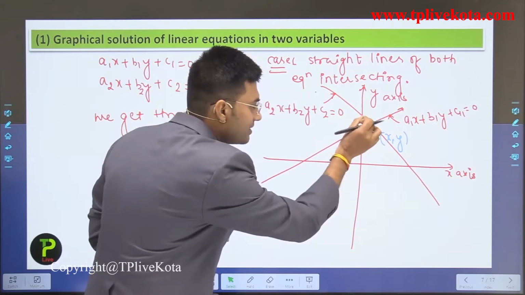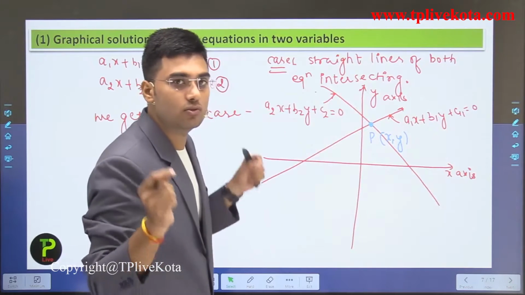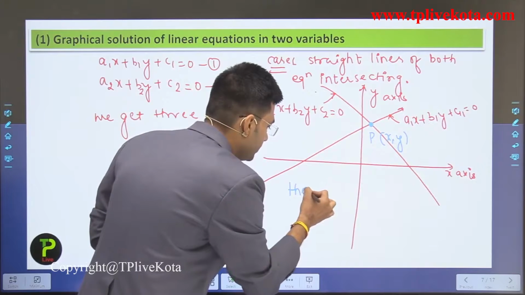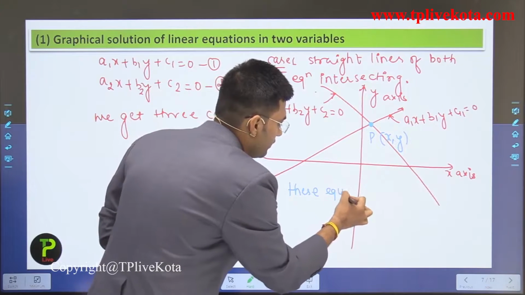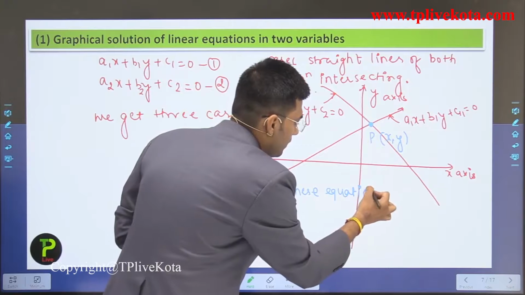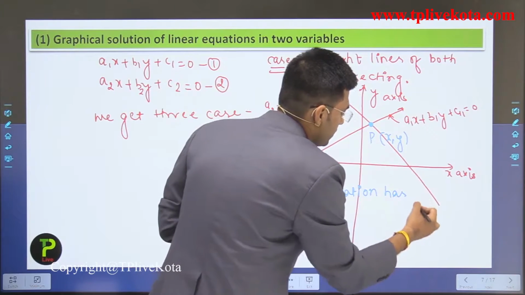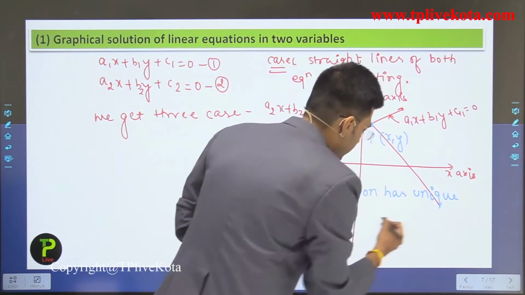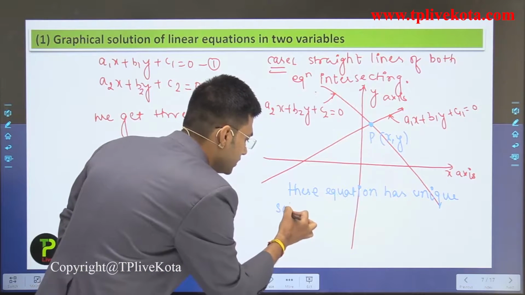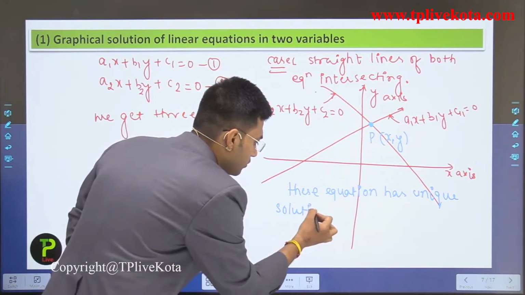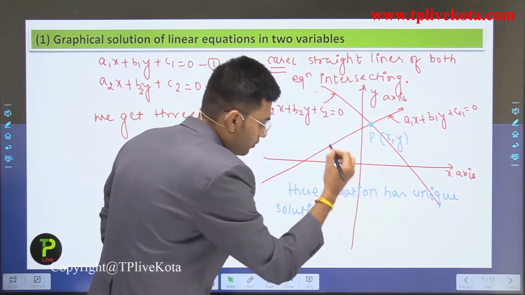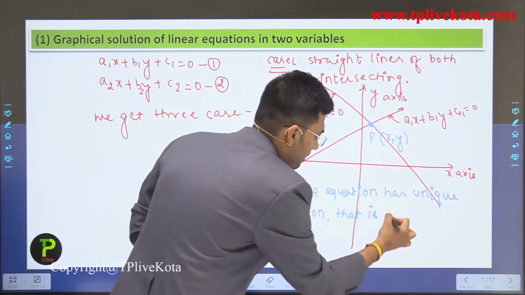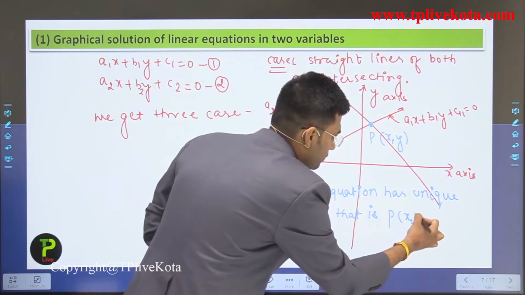If lines are intersecting, then the intersecting point is the solution of these equations. So these equations have a unique solution. Unique means a single solution, that is P, x comma y.